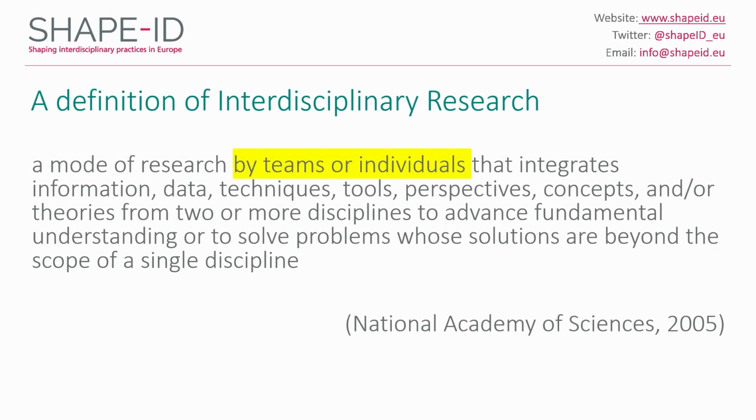So, the issue of whether interdisciplinary research is conducted by teams or individuals has already come up. It seems like a lot of your community is working in teams, but there is also a long tradition of interdisciplinary research done by individuals combining the insights from 2 different disciplines in their own research. Next slide, please.